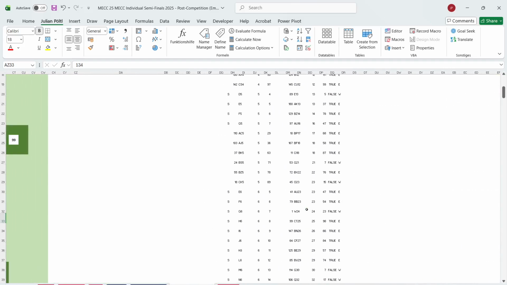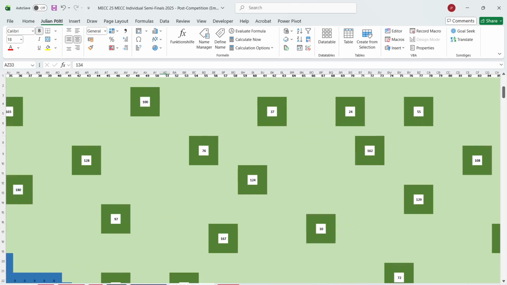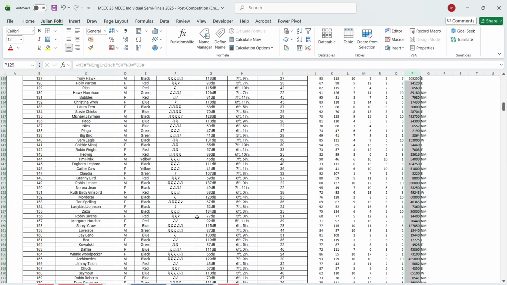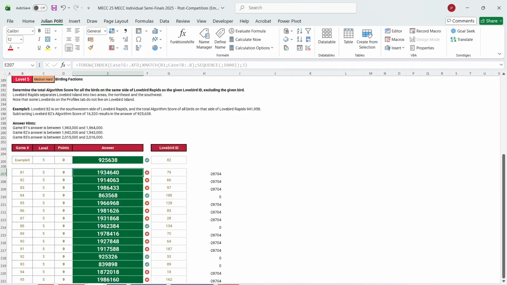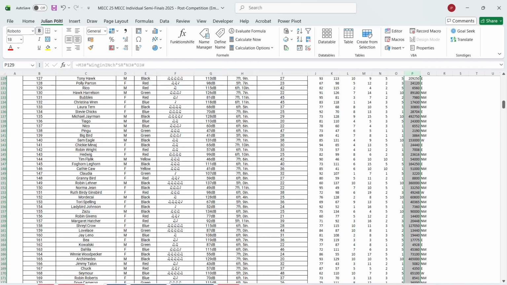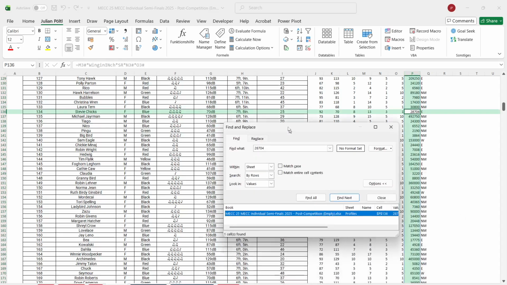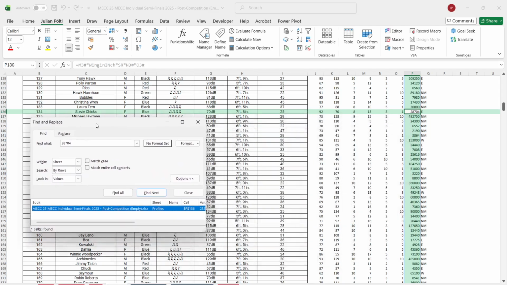And he is on the east side. Is there another bird with this ugly score? 28704. There's only one bird, and it's Stevie Chicks.